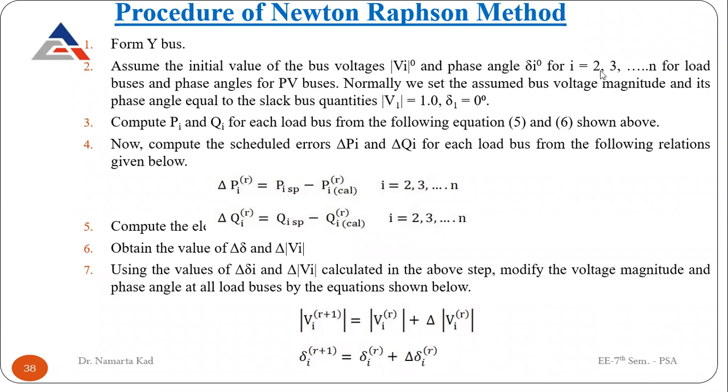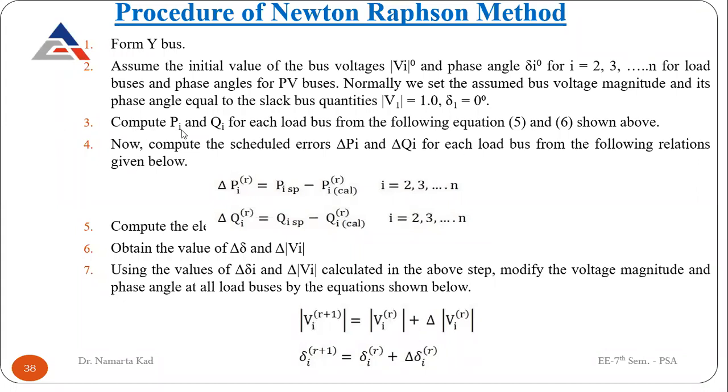That's why we have taken the values from 2 to n for the load buses and phase angles for the PV buses. Normally we assume the bus voltage magnitude and phase angle equal to the slack bus, V1 equals 1 angle 0 degrees.